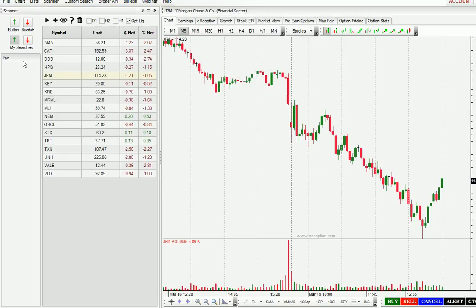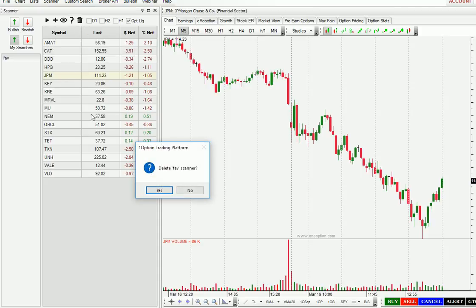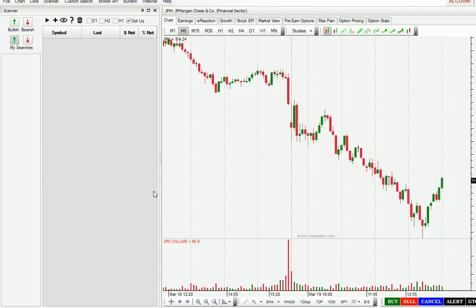And if I've completely forgotten and I can't tell from the description what it is, I click this little question mark and there's my description. Looks for relative strength. Now if I don't like this search at all, click the garbage can. Do you want to delete it?